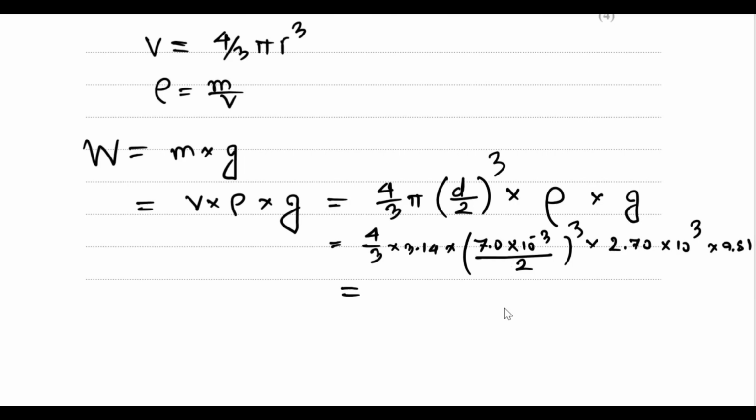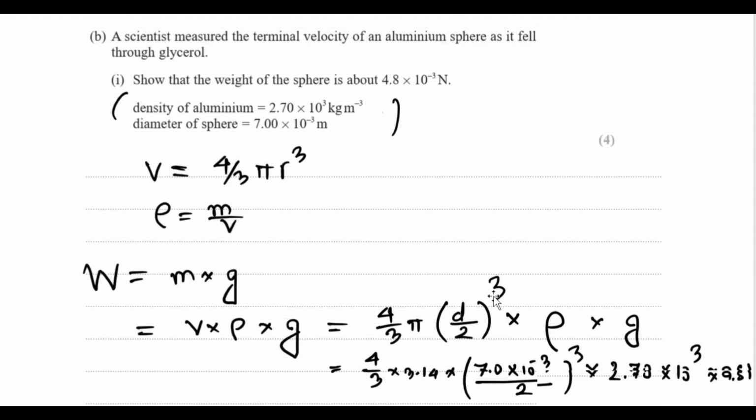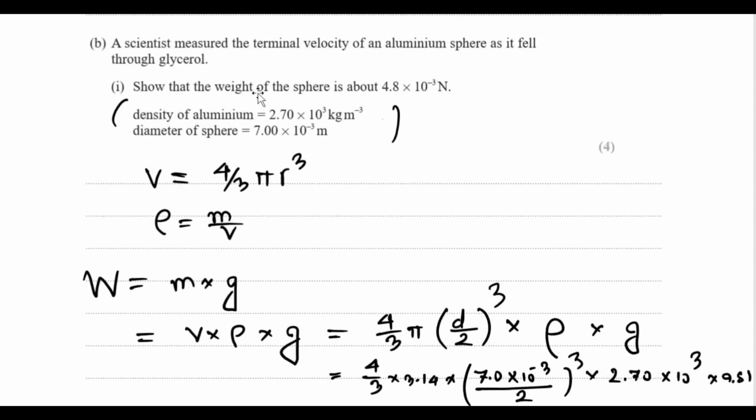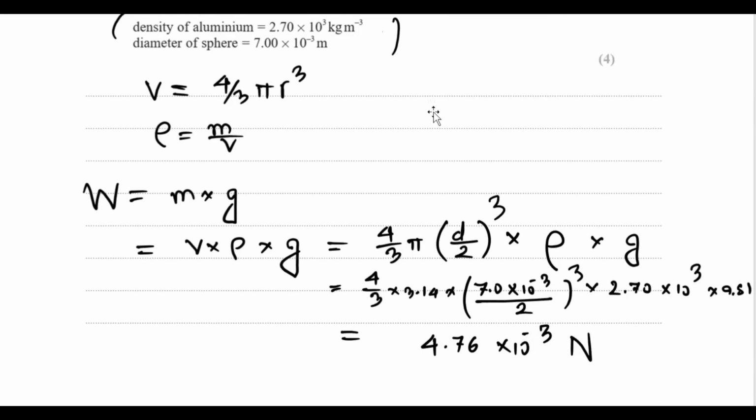Then after calculation we get 4.76 into 10 to the power minus 3 Newton is the weight. So we can write 4.8 into 10 to the power minus 3 Newton, shown.